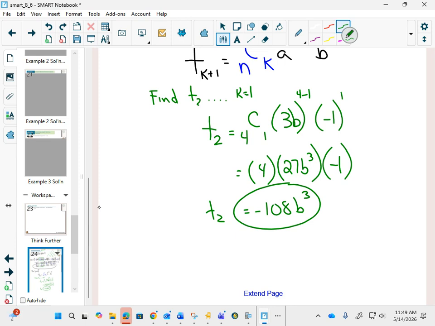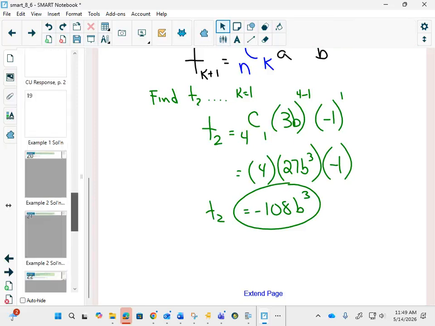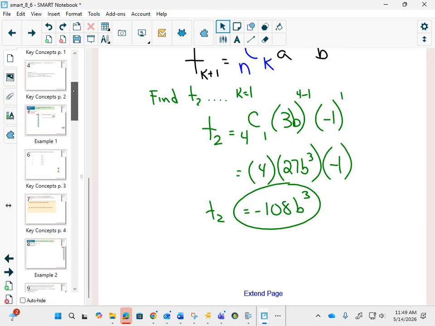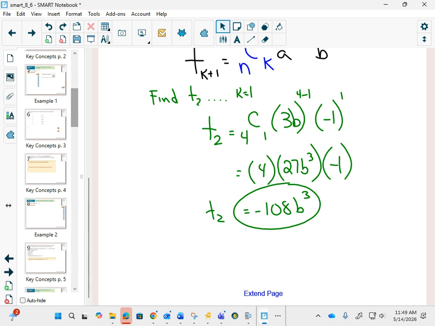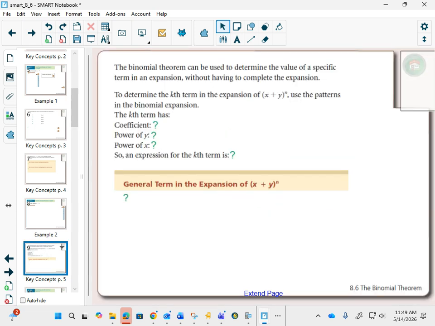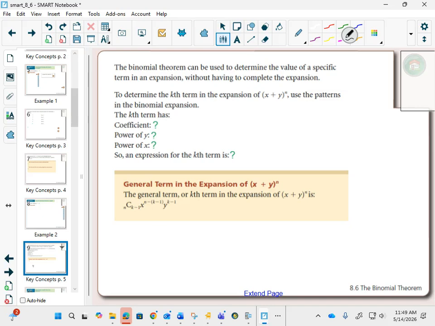It's on your formula sheet. It is listed on page 741 in a little bit different way. So I'm going to take you to page 741 right now. They have it listed for term k. Right underneath here, this is how it's on your formula sheet. It's actually easier if it's listed for term k plus 1.